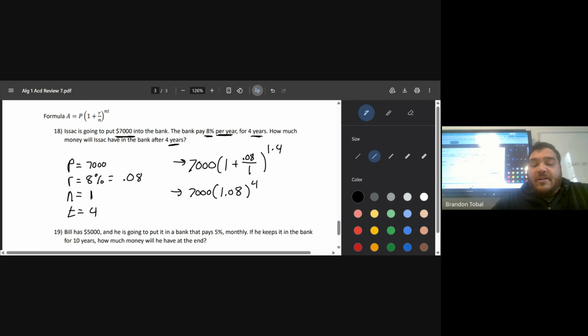So we got to plug it in the calculator. I know it won't show up on screen. It'll show up behind me, but not on screen for the recording. No, because this is 1 plus 0.08, so it's 1.08. That doesn't change anything.